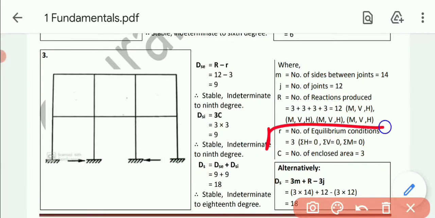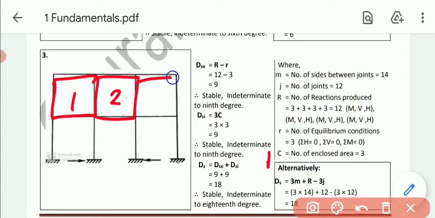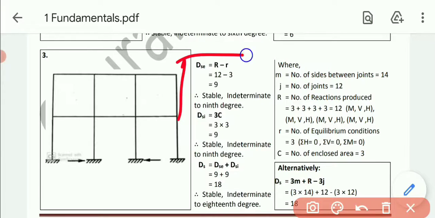Small r is always 3, the number of equilibrium equations. And C, the enclosed areas: 1, 2 and 3, there are 3 enclosed areas, so C, the number of enclosed areas, is 3. So finally DSE, capital R minus small r, that is 12 minus 3, the answer comes 9.